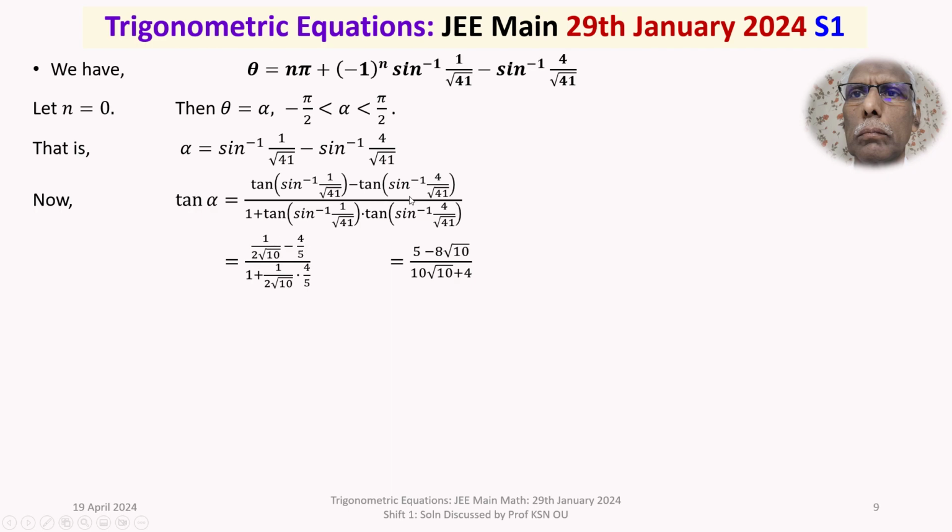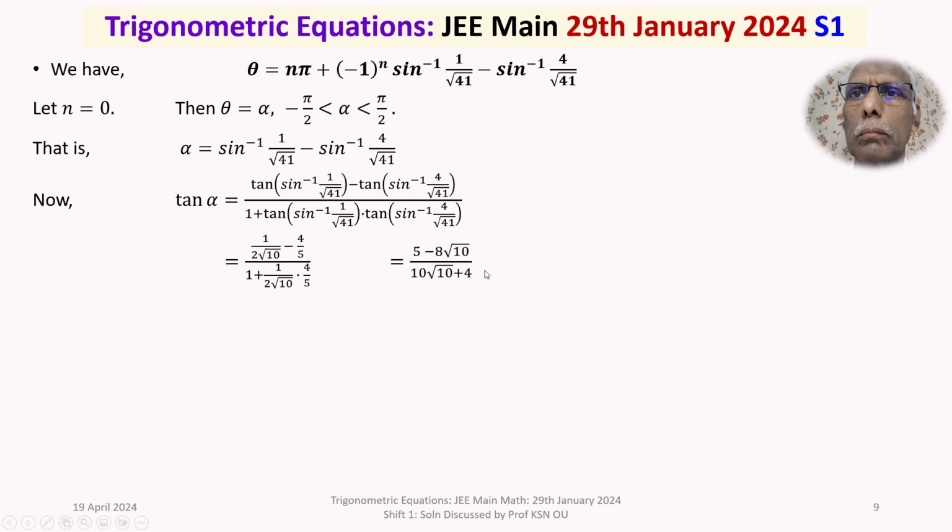And tan of sin inverse of 4 by root 41 is 4 by 5. Please compute this. Then it will be 1 by 2 root 10 minus 4 by 5 over 1 plus 1 by 2 root 10 into 4 by 5. Now clear the LCMs. Then you will get 5 minus 8 root 10 by 10 root 10 plus 4.